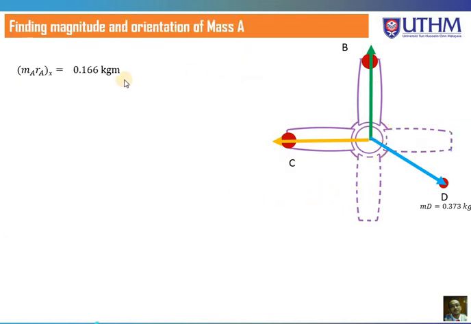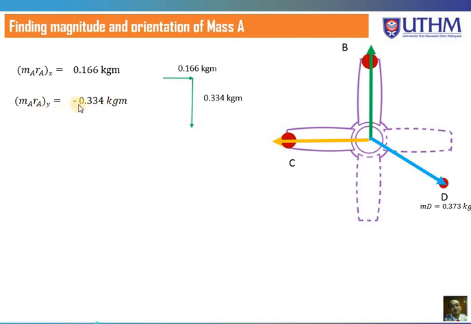So how to find the magnitude and orientation of mass A? Same application as what we did before. You know that the force of A at the x-axis is 0.166.